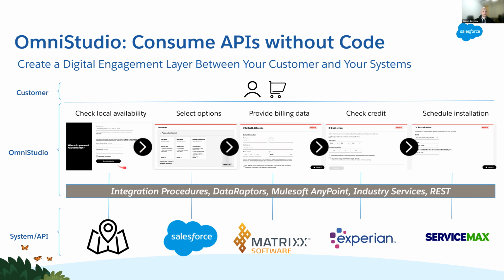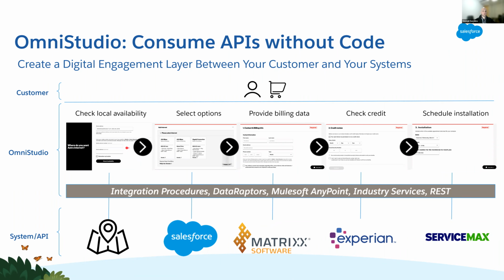We'll check if the internet service is available for them. We'll show which service options are available. They'll provide their billing information. We'll do a credit check, and then we'll schedule a technician to do an installation. So that's our end-to-end sales process that we want to accomplish as part of this guided flow.